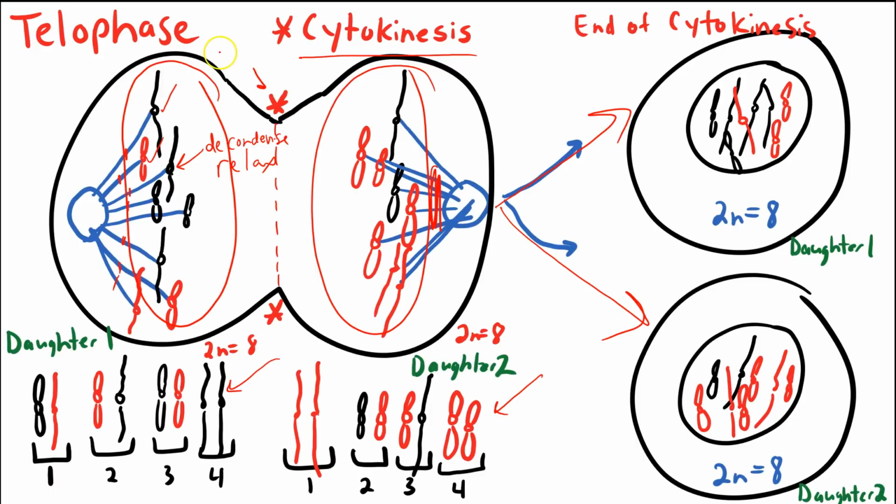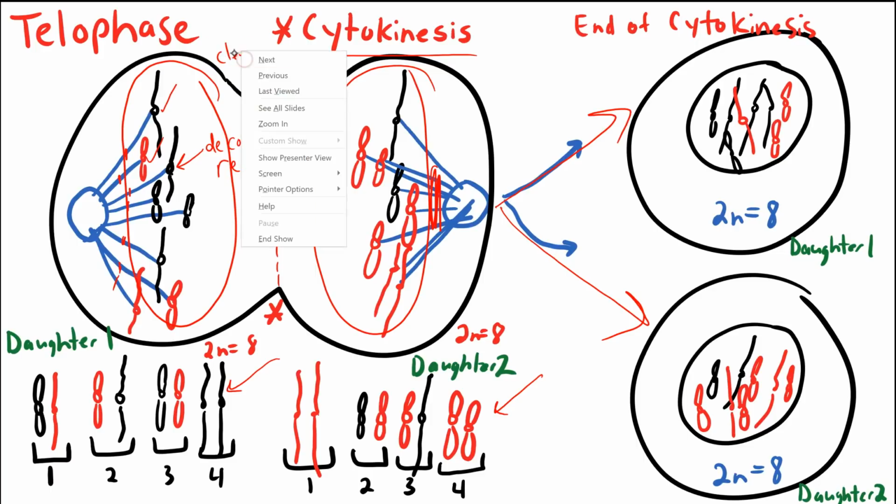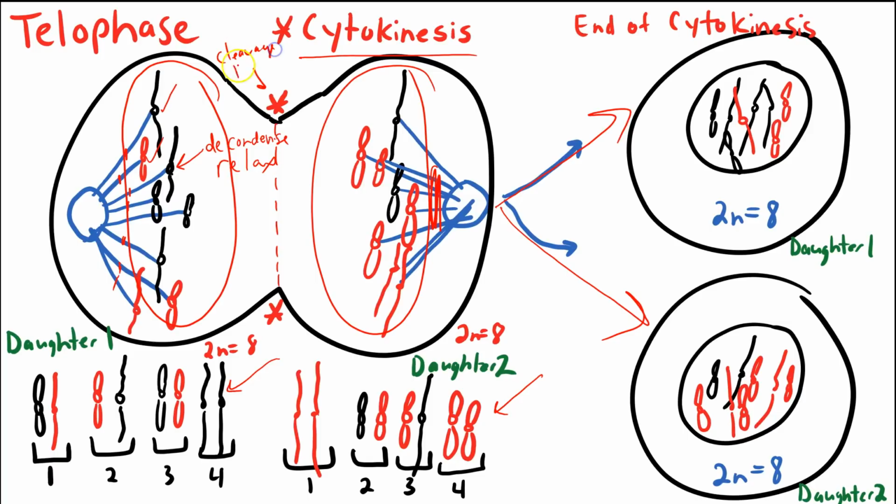This indentation here is called a cleavage furrow. So the indenting there physically helps the cell to separate through cytokinesis, and this is what we end up with. We have now two daughter cells that have the same amount of genetic material, a 2n equals 8, as that original parental cell, okay?